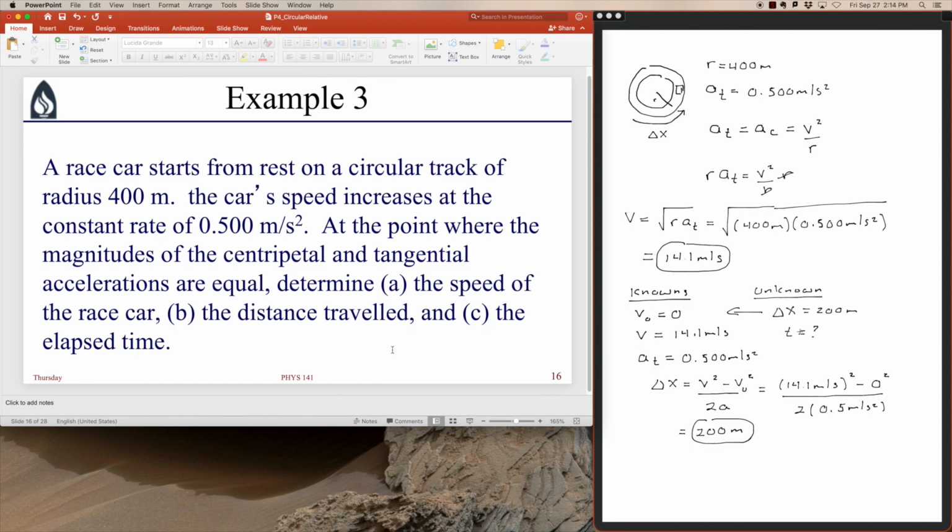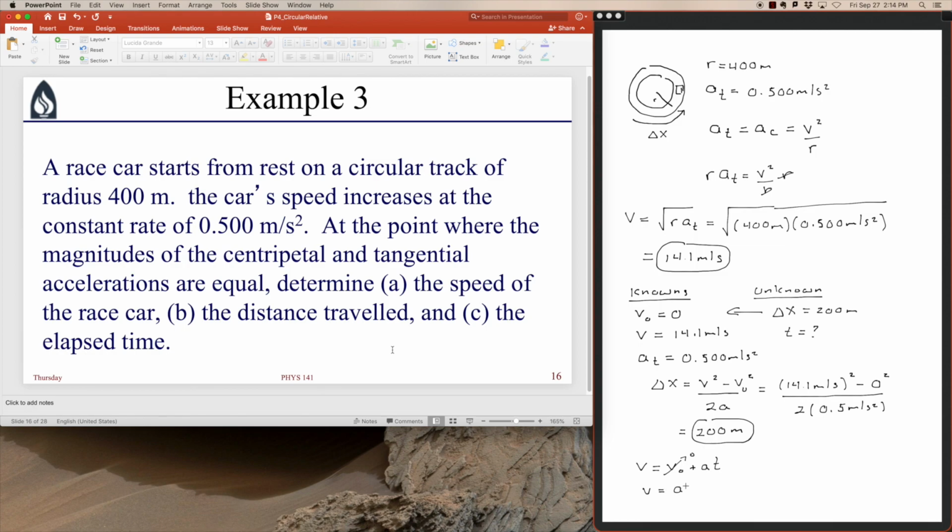There's a bunch of different equations that would work at this point because I have so many things that I've already solved for. But if I look at the constant acceleration equations, I think the one I'll choose is the one that says final velocity is equal to initial velocity plus acceleration times time. I know that the initial velocity is 0, so that simplifies this equation greatly. Final velocity is just acceleration times time.